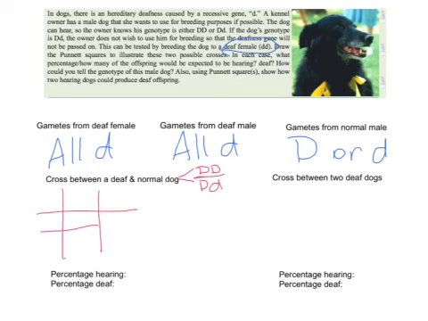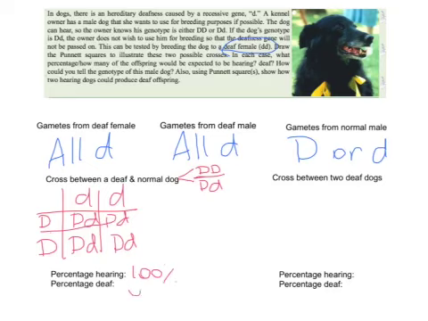So we have a deaf dog, so their genotype is little d, and the genotype of our normal dog is big D. So we do our crosses and we find that all of our offspring are big D, little d. So the percentage of hearing dogs is 100% hearing, and our percentage of deaf is 0.